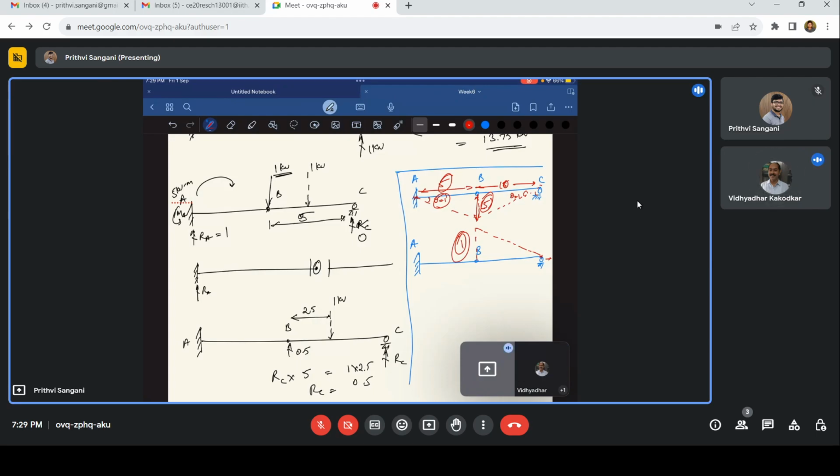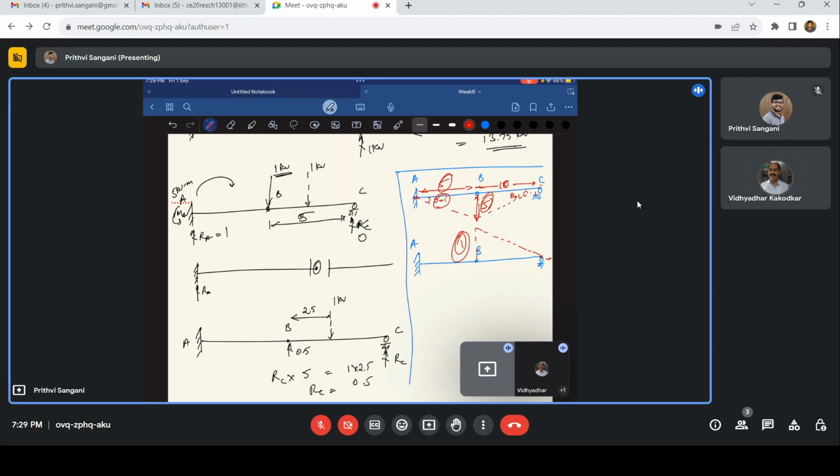When you are dealing with multiple loads, for example multiple UDLs, moving UDLs, or moving point loads, there are some rules which we'll be discussing. We have some problems for that. We can discuss where we usually encounter the maximum bending moment.